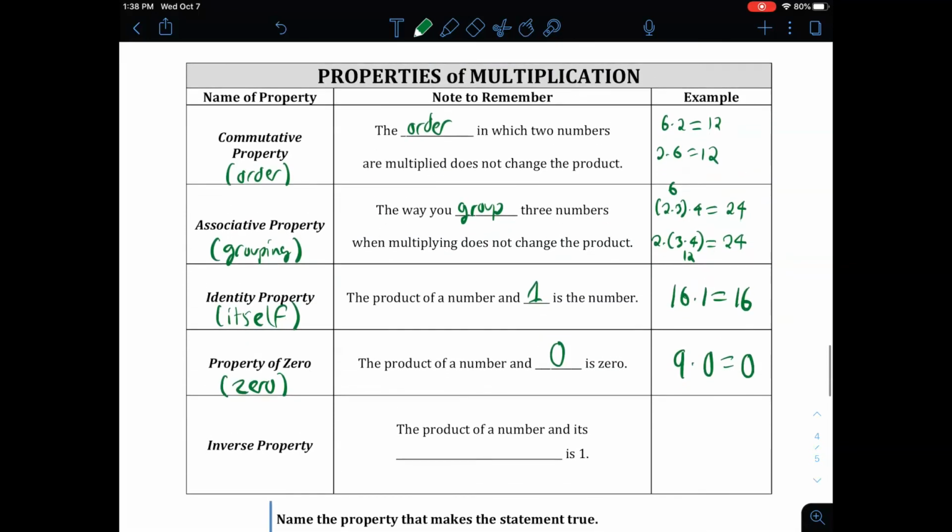Okay. And then the inverse property was when we did 2 times 1/2 equals 1. So what is 1/2? There's a special name for 1/2 in relation to 2. Do you guys know what it is? We put 2 over 1 and we get 1 over 2. When we flip it, what's that called? What's a fraction called when you flip it? It's called a reciprocal.